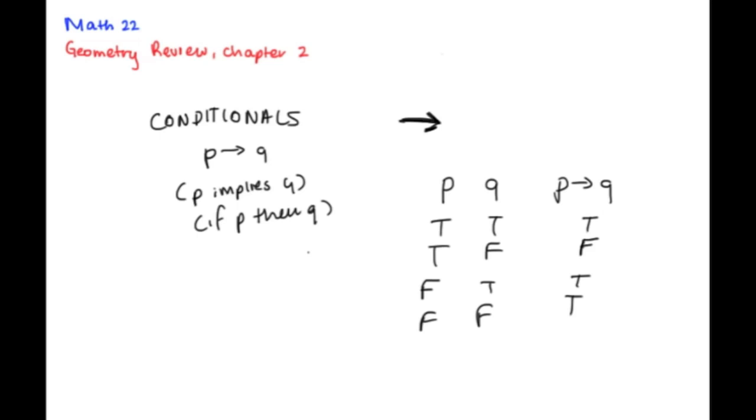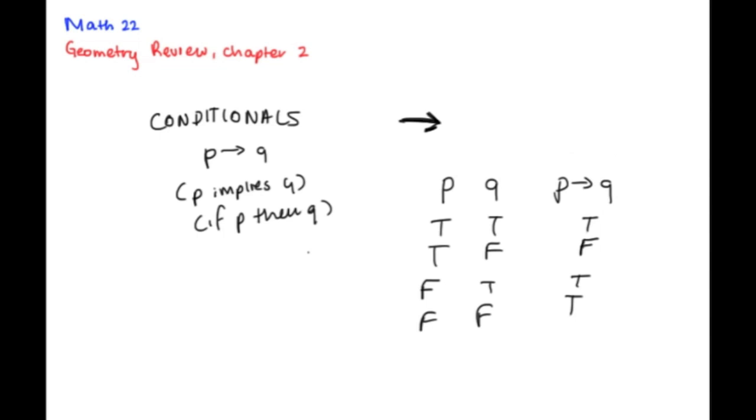If what actually occurs is you do good on your test, P is true, and I take you to the movies, Q is also true. So P implies Q is true. And it works for all others too, except for P is true, Q is false. Because let's say you did well on your test, but I lied and I didn't bring you to the movies. Then what I promised you is false, so that conditional is false.